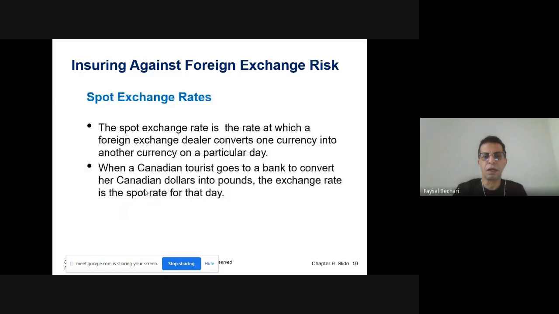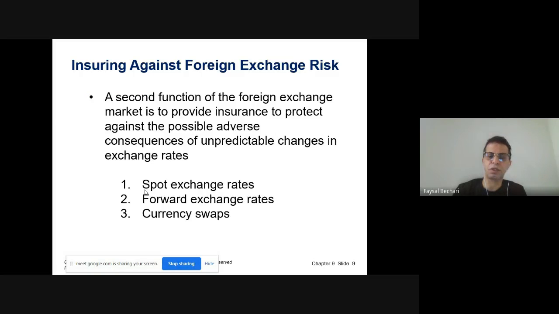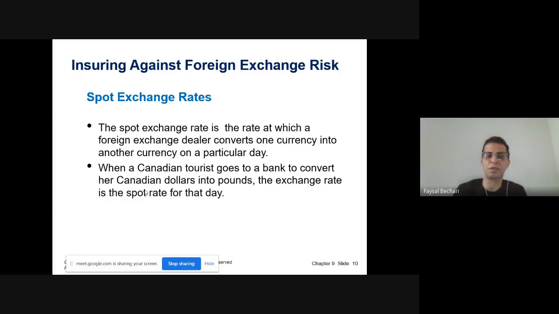Now, we said there are three of them: spot exchange rate, forward exchange rate, and currency swap. The spot exchange rate is the rate at which a foreign exchange dealer converts one currency into another currency on a particular day.